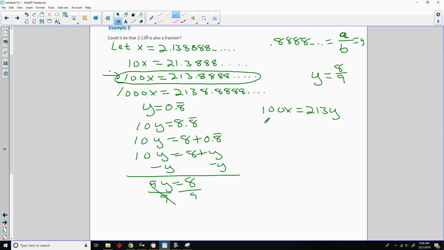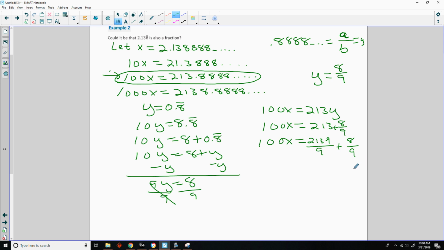So 100x equals 213 and 8/9. So if I do what I did in our last video or a couple of videos back, this is 213 plus 8/9, so I can represent 213 as 213 times 9 divided by 9, plus 8 divided by 9.